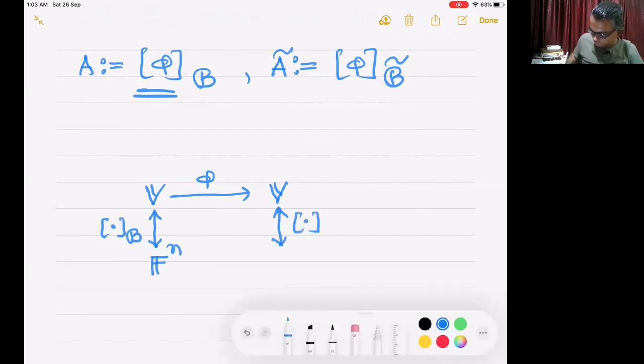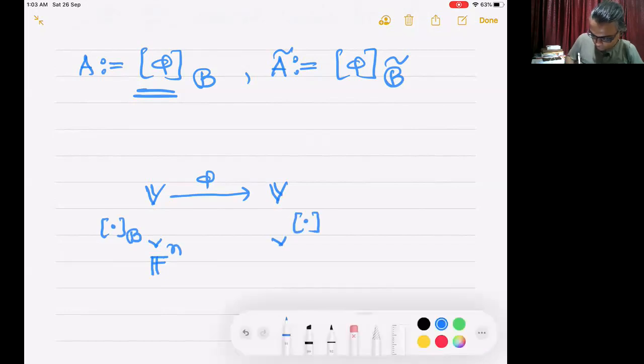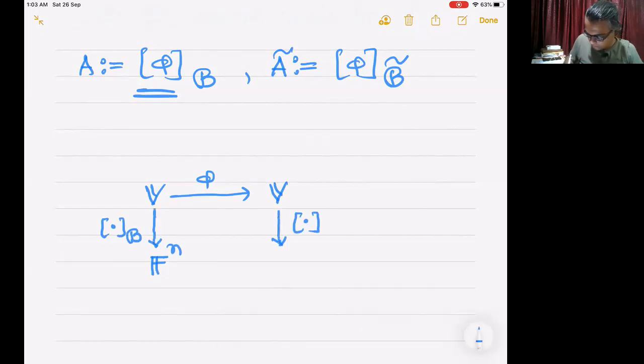Let me not draw this both arrow because then it's kind of confusing. Instead, I draw this direction so that it's clear. This is also via B, F to the n. This diagram chasing gives me A.